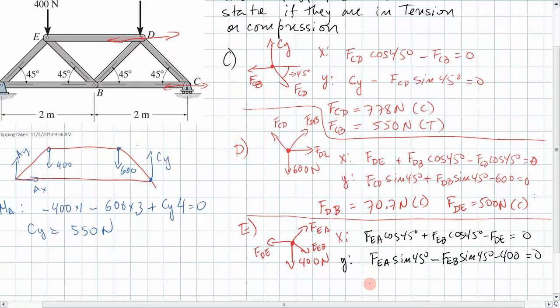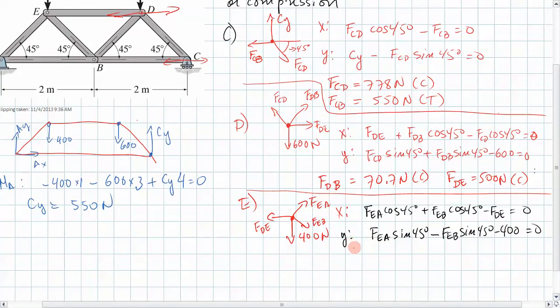And then I can solve here for these two forces, because I already know this one.